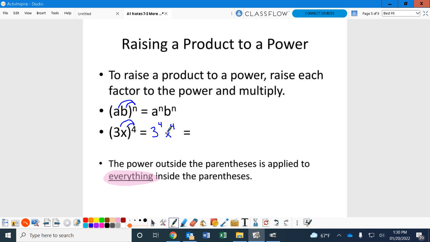If there is a variable in the problem, you must work out the 3 to the 4th. Grab your calculators, do 3 power button 4 equals. 81 x to the 4th. Do y'all see it's the same thing? It just happens to go to more than one thing on the inside. Is that part okay? Okay.